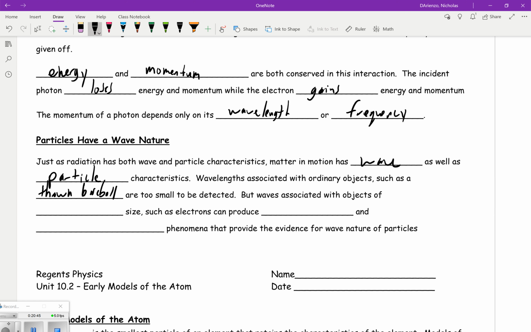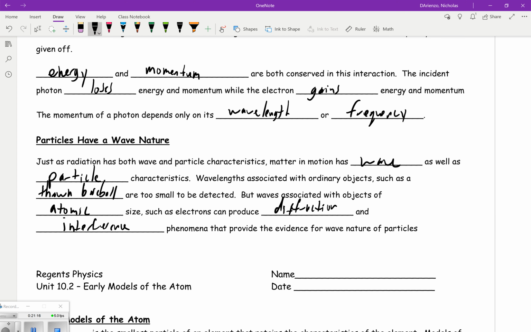But if we consider matter that is much smaller, let's say atomic size, electrons that are being ejected can produce diffraction and interference, which are wave phenomena that provide evidence for the wave nature of particles.